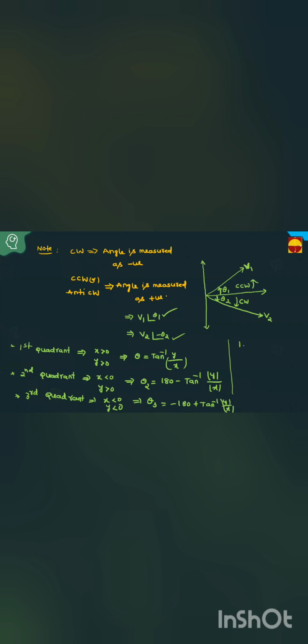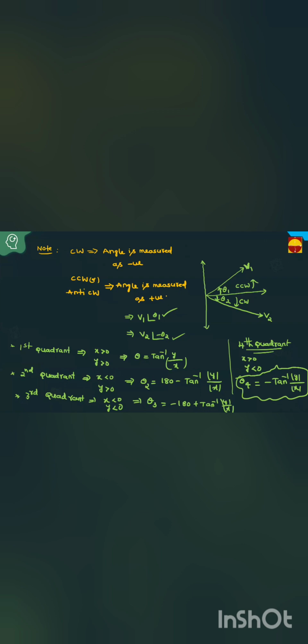Then what about the fourth quadrant? Fourth quadrant: x greater than 0, y less than 0. Theta 4 equals minus tan inverse y by x, but it is a modulus. All the values are taken as positive; distances are taken as positive.